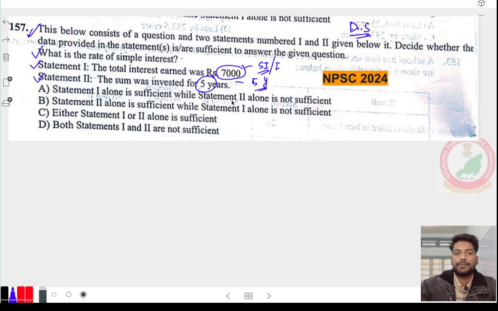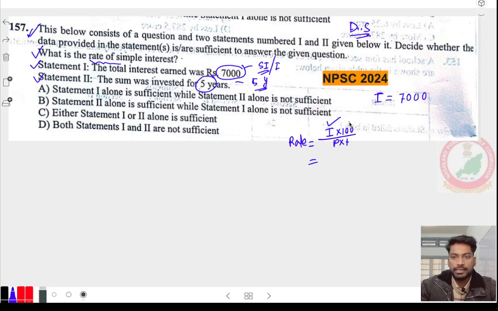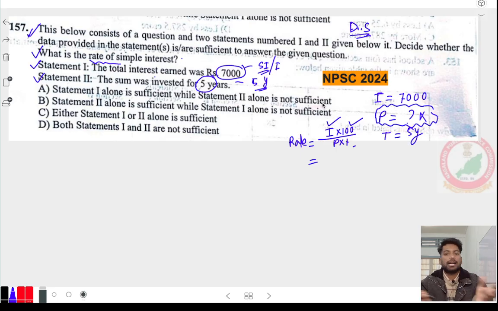We have these two statements, and they are asking about the rate of interest. And what is the formula of rate of interest? Rate of interest for simple interest formula is I into 100 by P into T. Now check, we have I, that is yours 7k or 7,000. 100, so that is given. P, we don't have P. T, we have T, that is 5 years. Now if you don't have P, you can't answer.